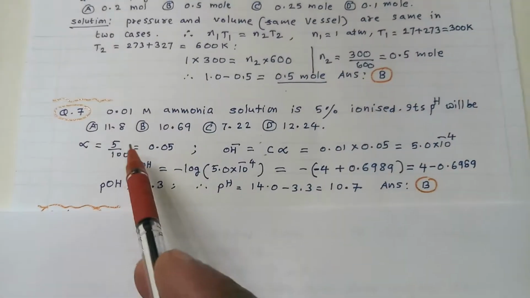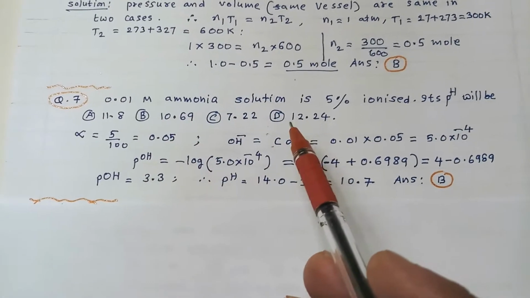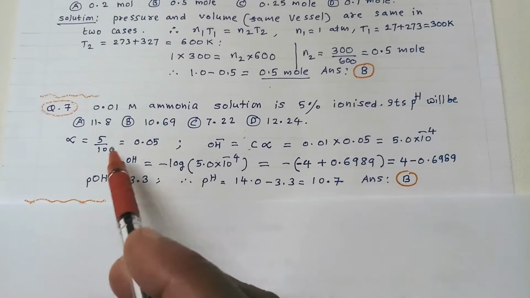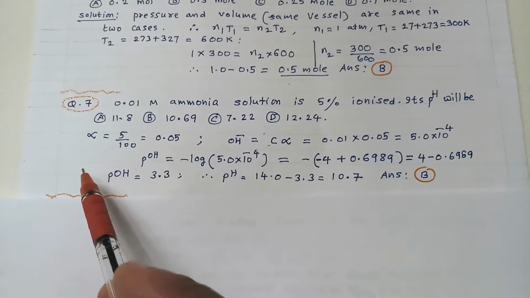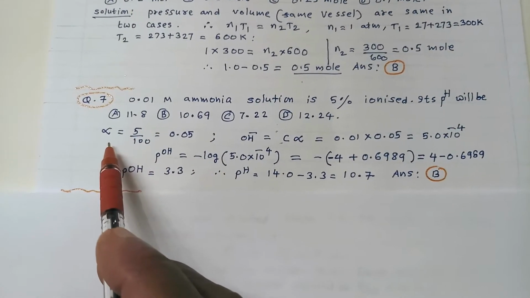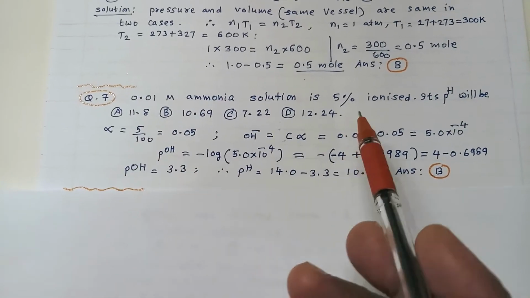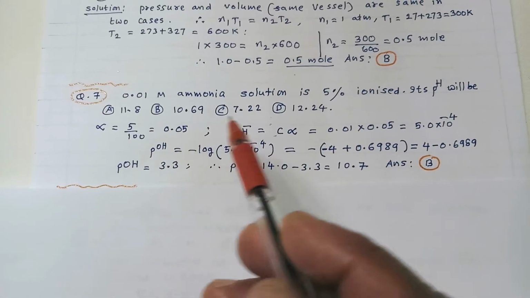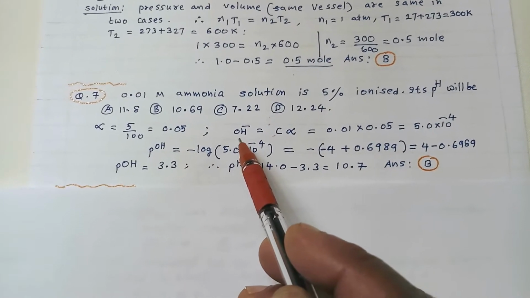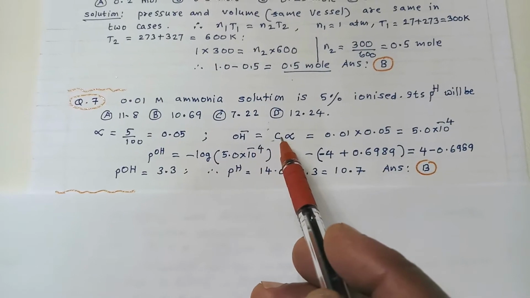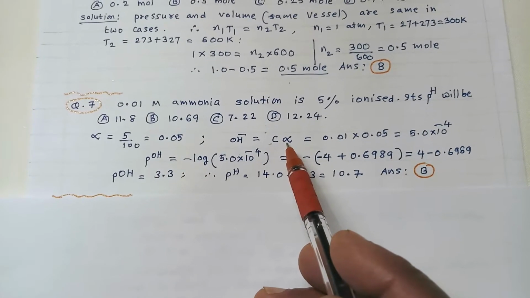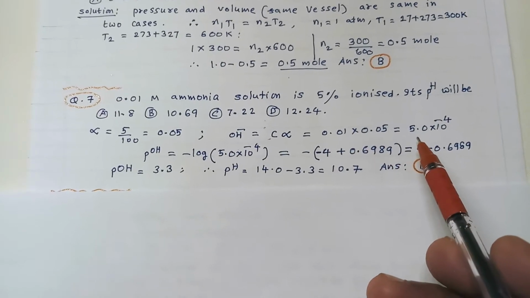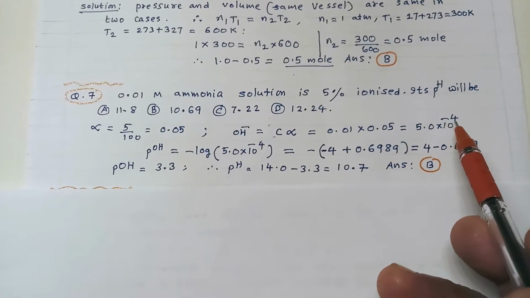A 0.01 m ammonia solution is 5% ionized. Its pH will be, so we have to calculate the pH. The formula is alpha is equal to 5 by 100, since he has given 5%, so we divide by 100. It is 0.05. And OH minus ion concentration is equal to concentration into alpha. So 0.01 into 0.05 gives 5 into 10 to the power of minus 4.